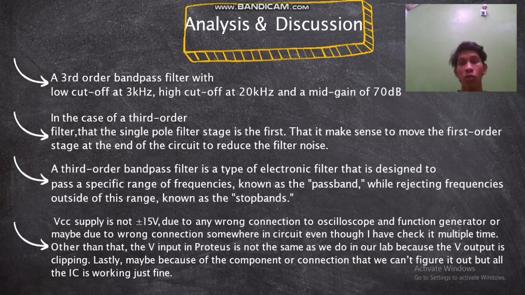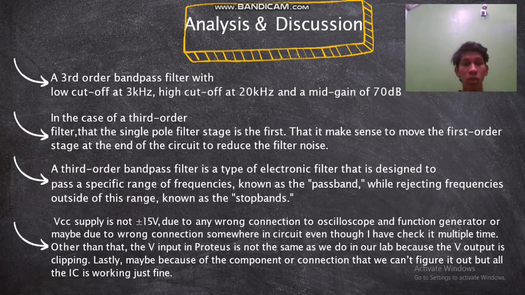It makes sense to move the first order stage to the end of the circuit to reduce the filter noise. A third order bandpass filter is a type of electronic filter designed to pass a specific range of frequencies, known as the passband, while rejecting the frequencies outside of this range, which is known as the stop band.